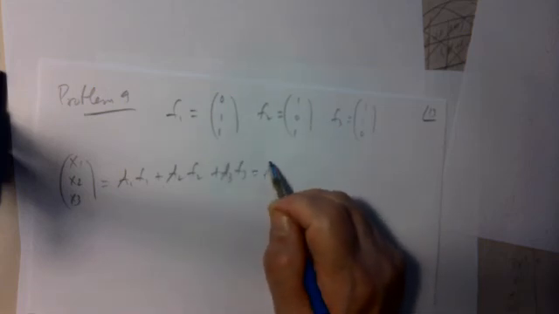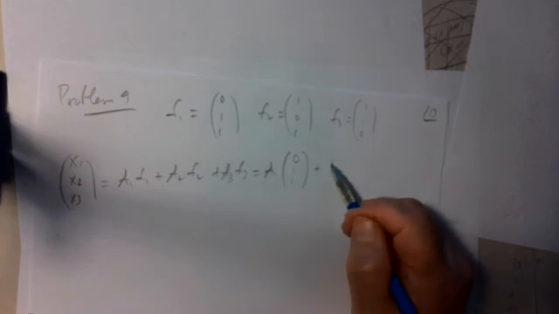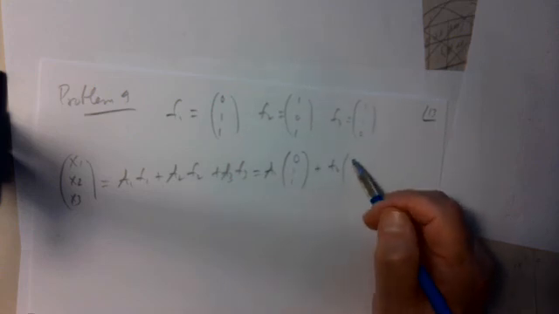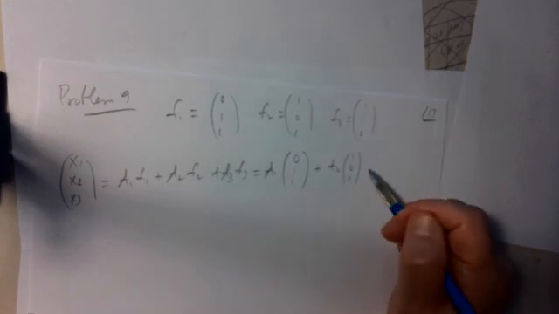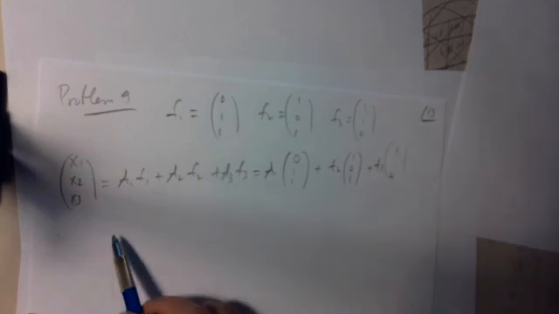So this is t1 times the vector (0, 1, 1) plus t2 times the vector (1, 0, 1) plus t3 times the vector (1, 1, 0).